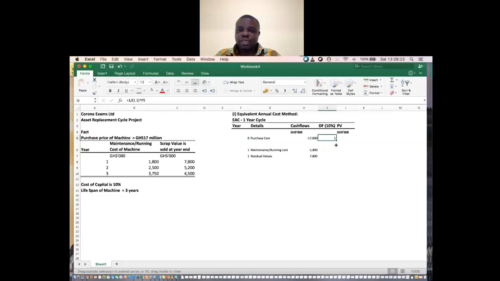And you do the same for that, and that gives you this. So when we get that, we now will multiply the discount factors by the cash flows, so let's reduce this one to 4 decimal places. So we have it in 4 decimal places.